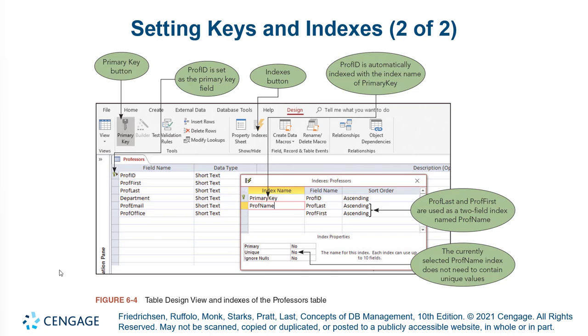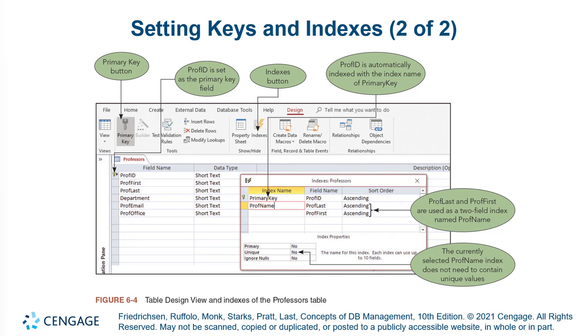And so you can see this arrow down here pointing to the value of no for the unique indicator right there, meaning that they don't have to be unique values. Because again, it's a rare chance, but there is a chance that we'll have a professor or multiple professors with the same first and last name.